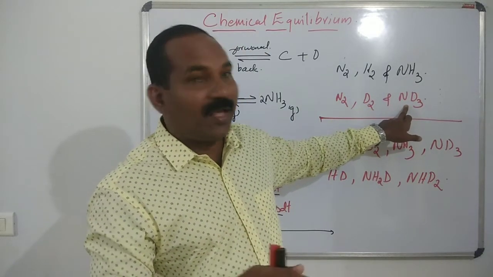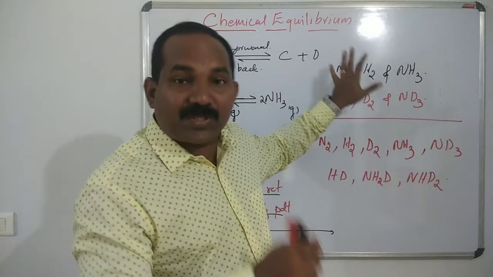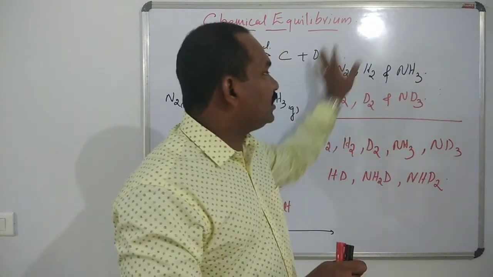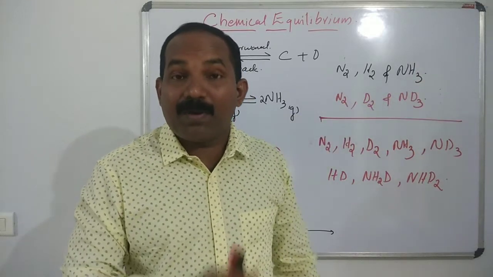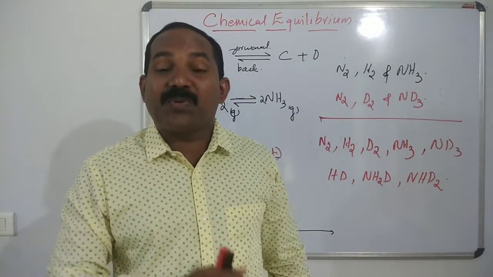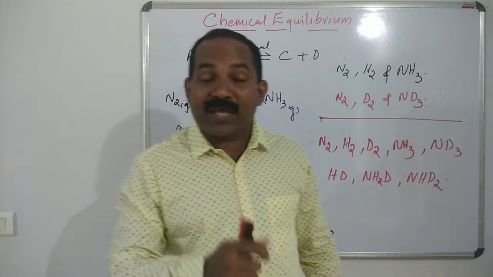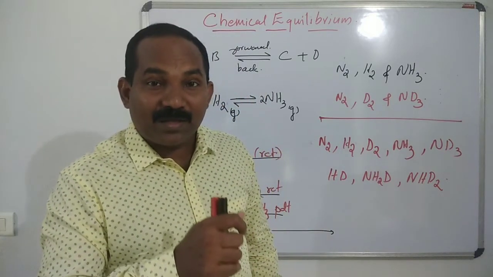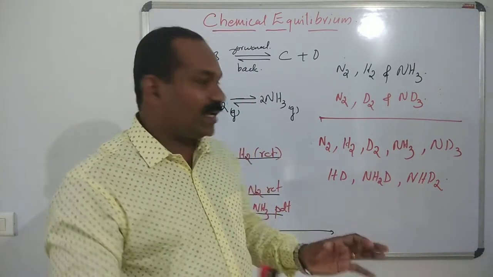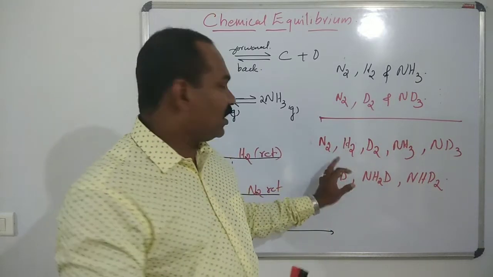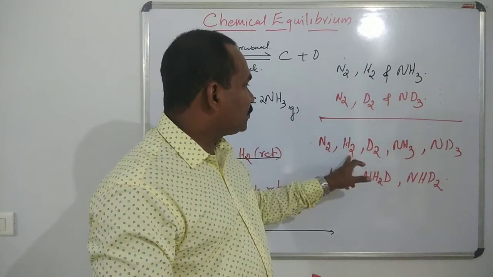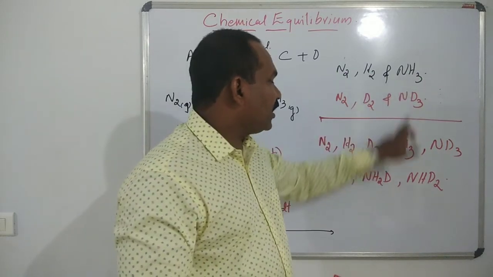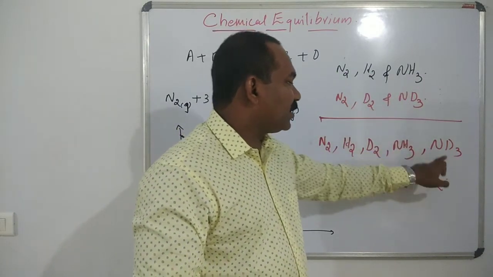If there is no reaction, we can observe all these reactants and products in that mixture. But by experiments, the substances present in the mixture are N2, which is already there, H2, D2, NH3, ND3.